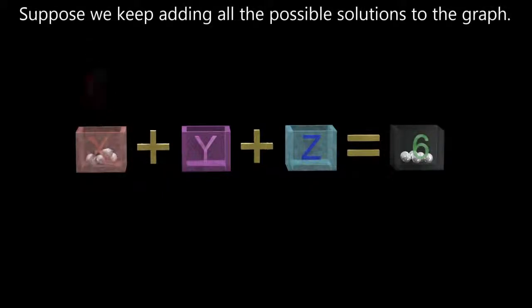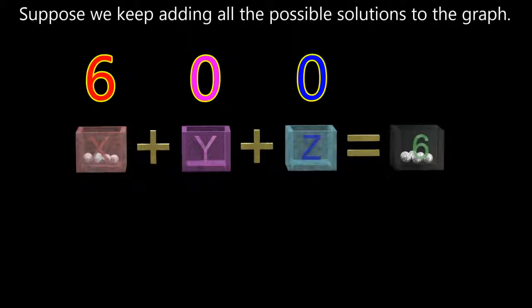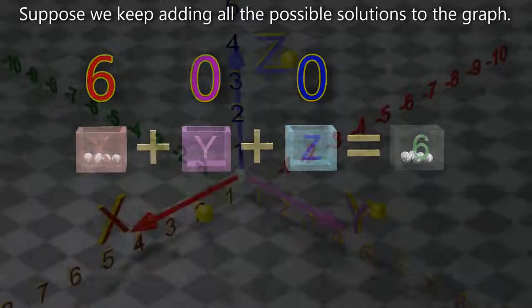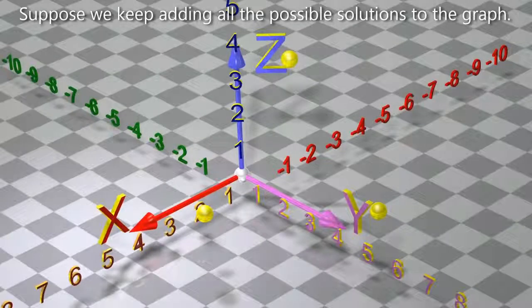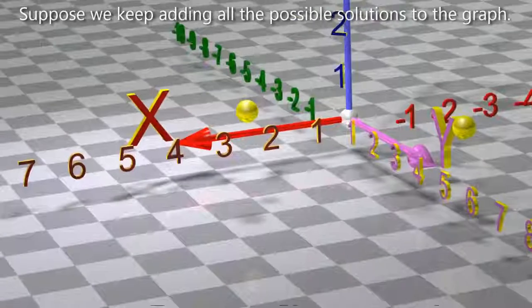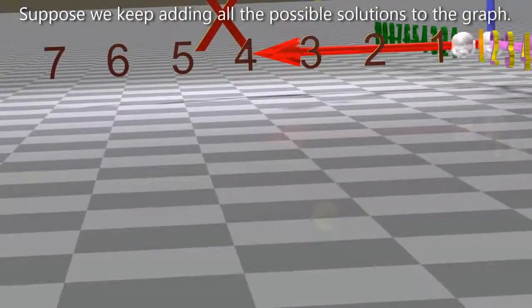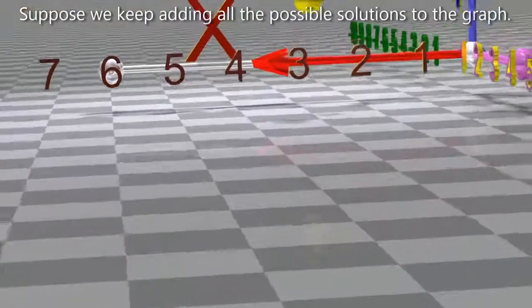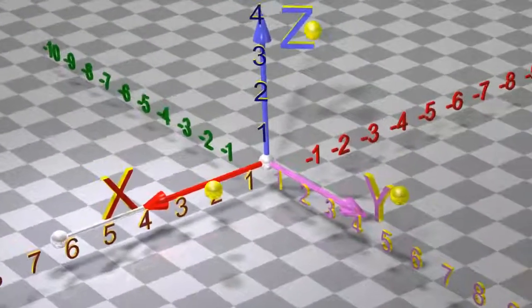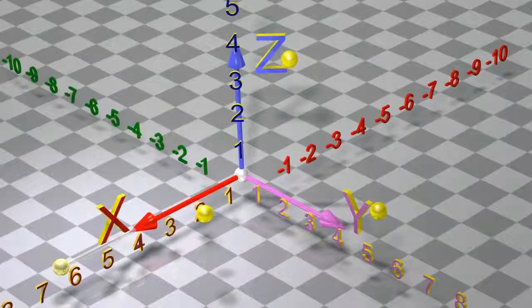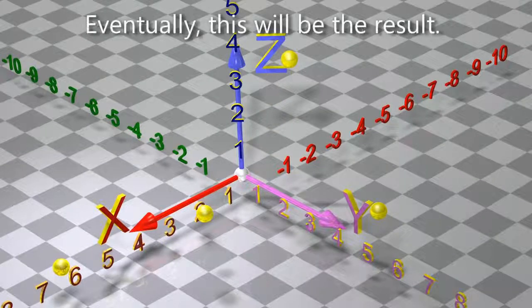Suppose we keep adding all the possible solutions to the graph. Eventually, this will be the result.